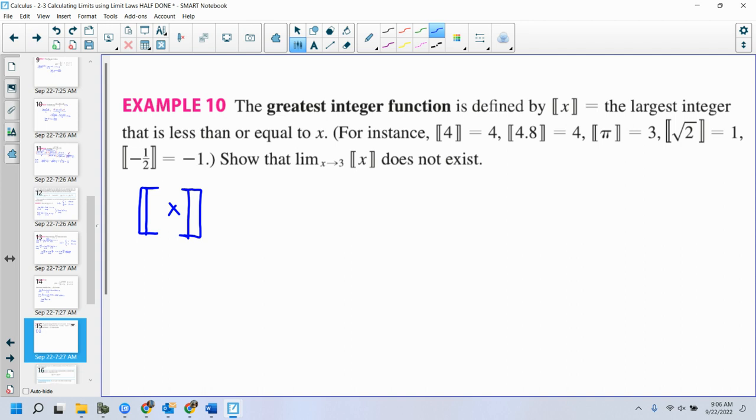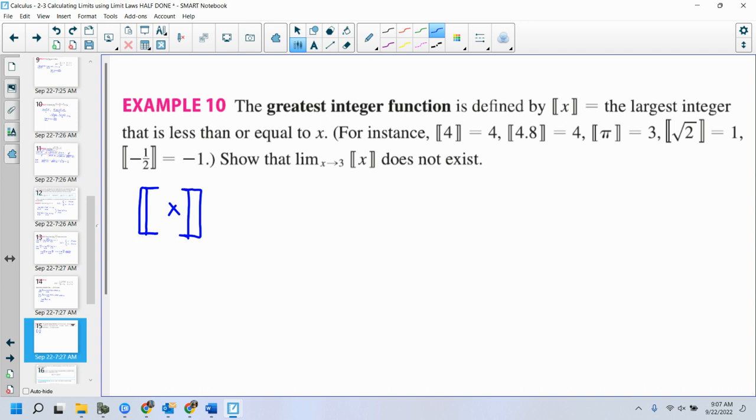The greatest integer function is defined by it's equal to the largest integer that is less than or equal to x. The biggest integer less than or equal to x. So, for example, the greatest integer function of 4 is 4. The greatest integer function of 4.8 is 4. The greatest integer function of pi, chop off the 0.14, is 3.